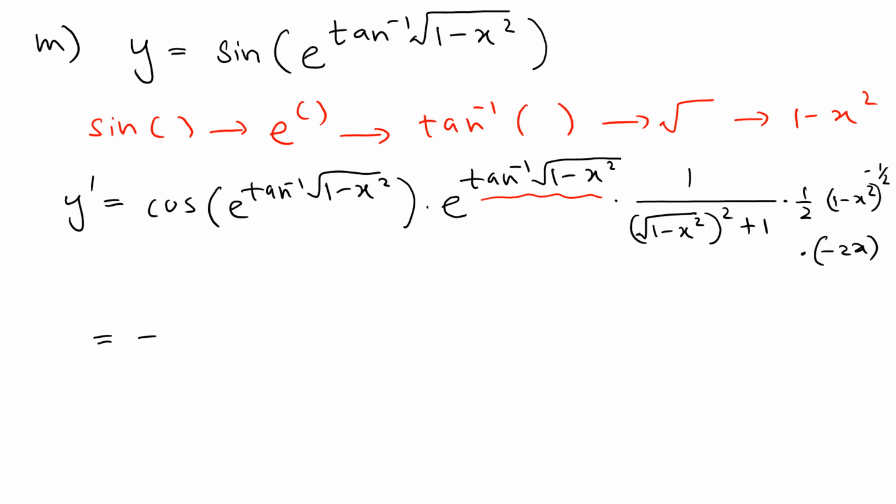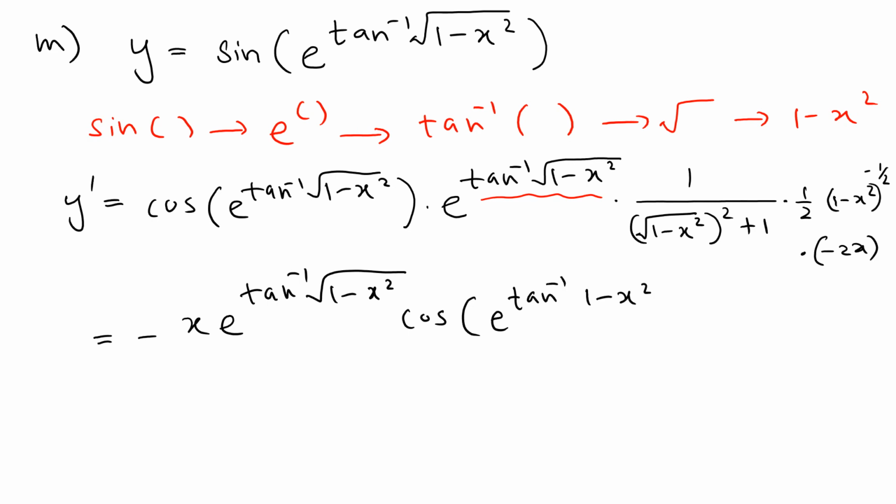So we have x, and then we have e to the tan inverse square root of 1 minus x squared, and then we have the cosine term, e to the tan inverse square root of 1 minus x squared, and the whole thing divided by, and you can see there's a simplification here.